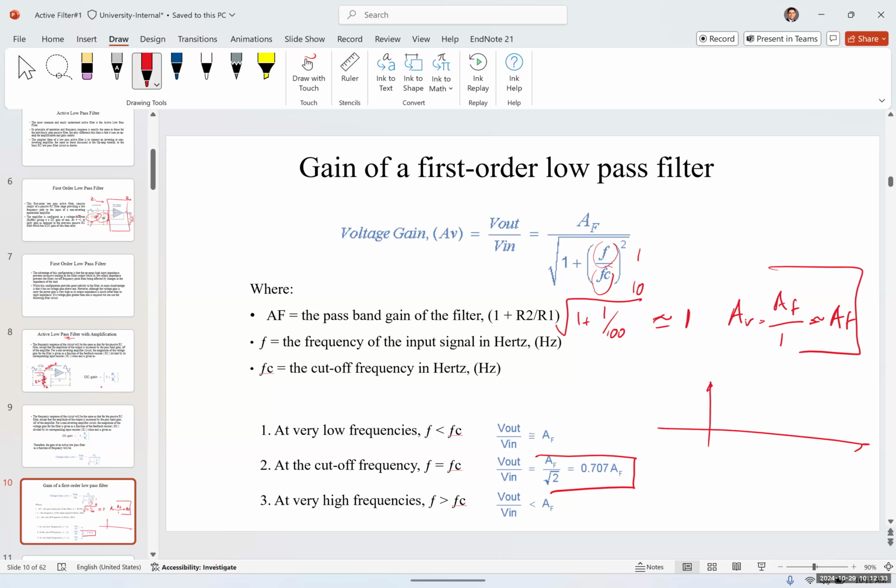So exactly at FC, the gain is 0.707 of the maximum, and this is the maximum gain in the band pass. And anything above that, you're going to see a decrease in the gain.